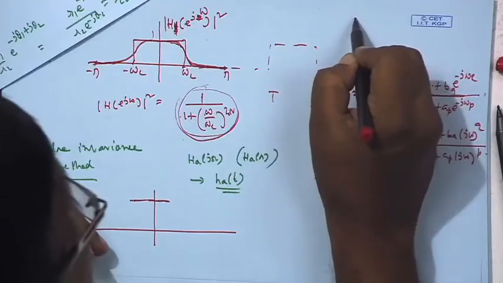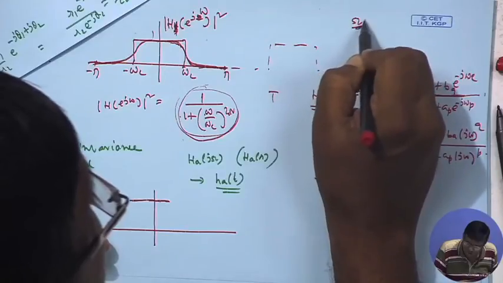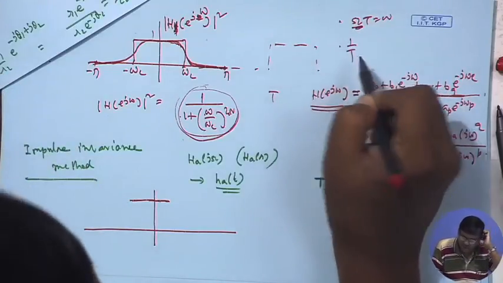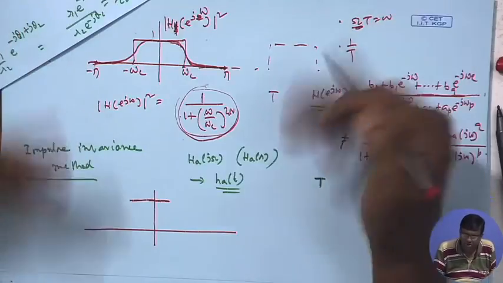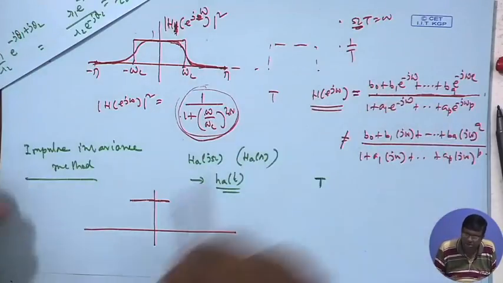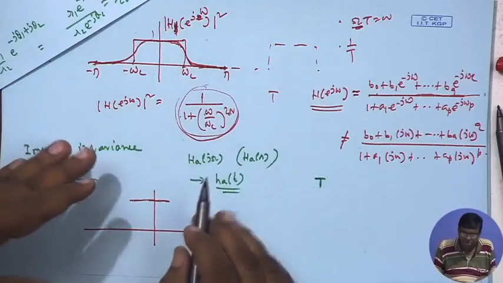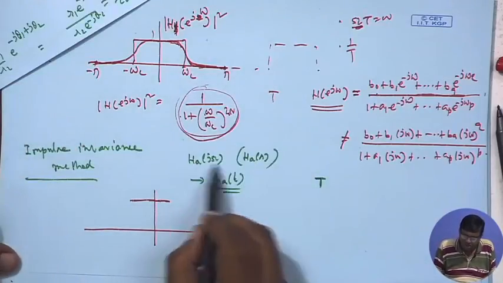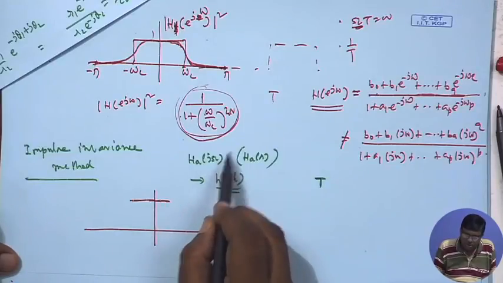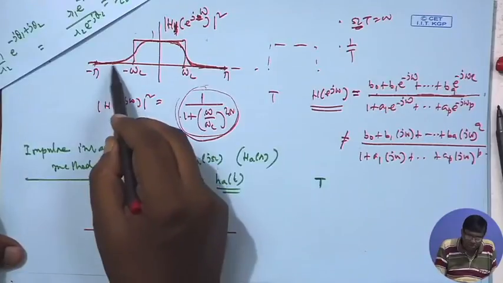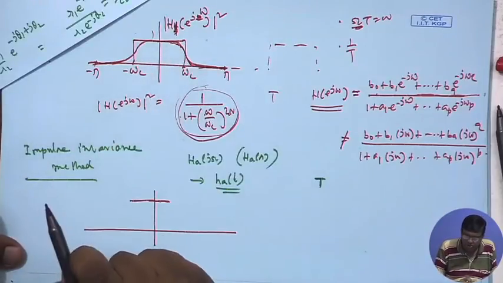From capital omega frequency we go to small omega frequency by the relation omega equals capital omega times T, and there is a scaling by 1 by capital T. Here I am trying to go in the opposite direction, to construct one H(j omega) so that mod H(j omega) square is a Butterworth function.